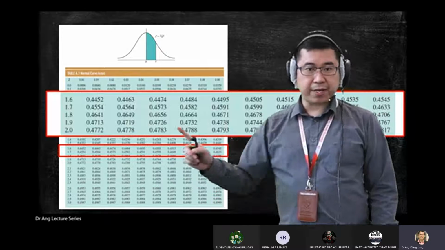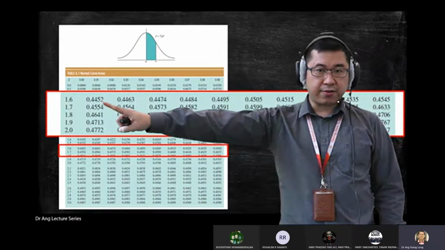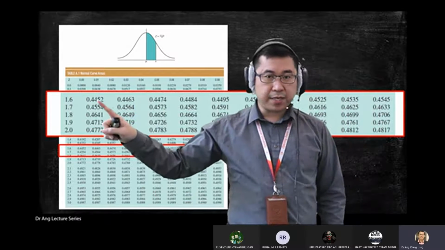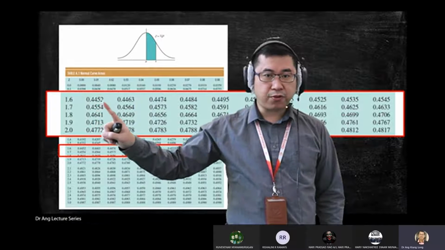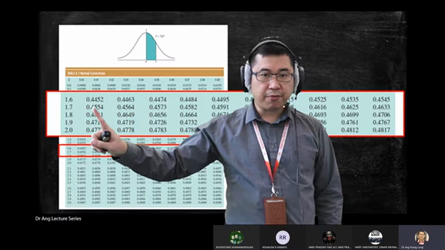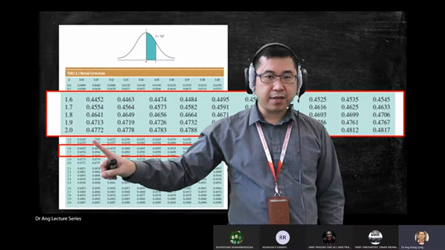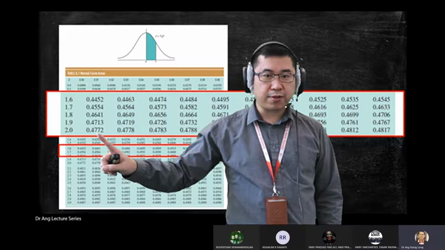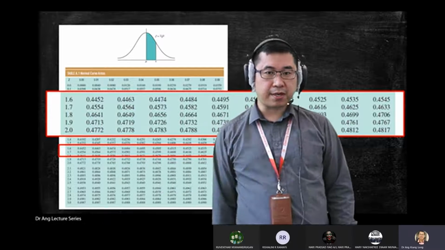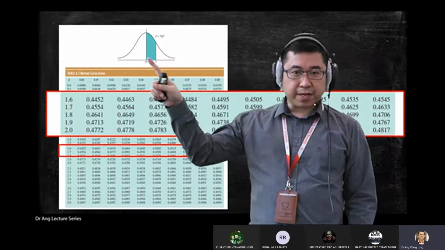I put it very big on the screen. What does this mean? 0.4452 means 44.52%. 0.4554 means 45.54%. What about 0.4772? It means 47.72%.